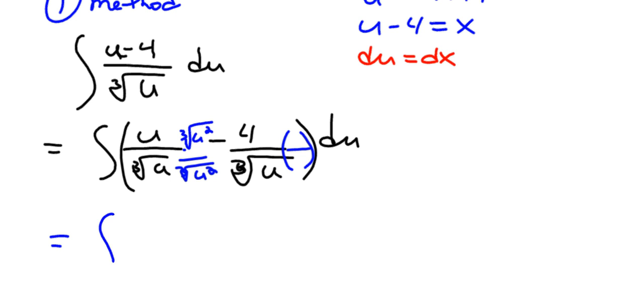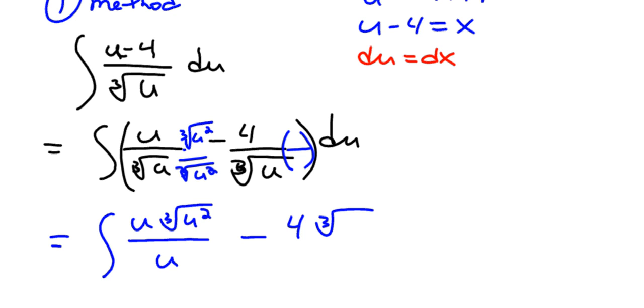And if I do that, I now have u, the cube root of u squared, over u, minus 4, the cube root of u squared, over u. And then from here, I can definitely go ahead and simplify this, du.